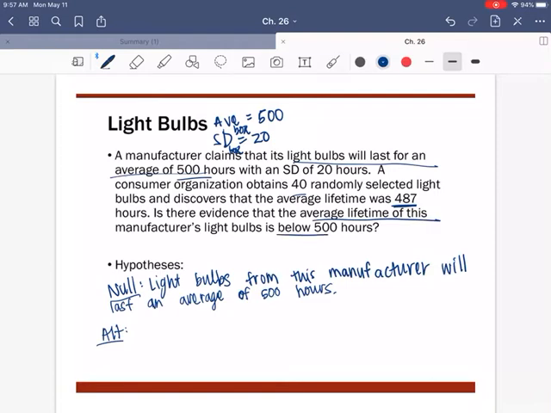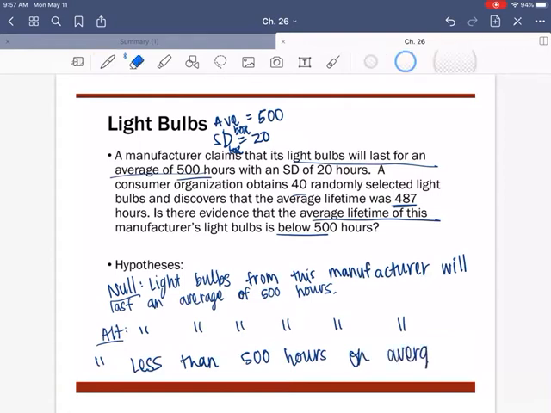Okay, the alternative is the average lifetime is below 500 hours. So light bulbs from this manufacturer will last less than 500 hours on average.